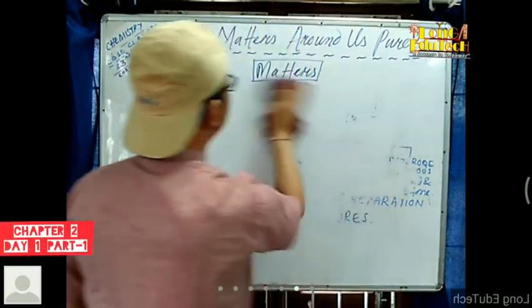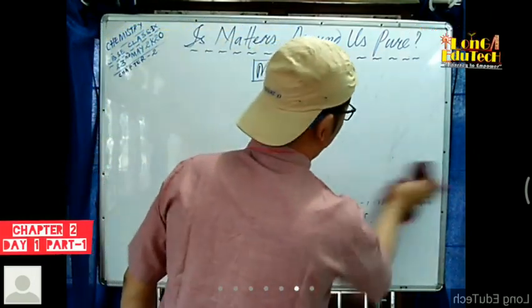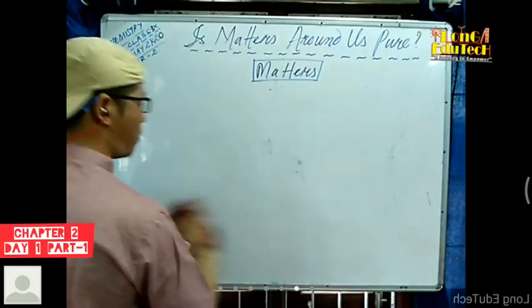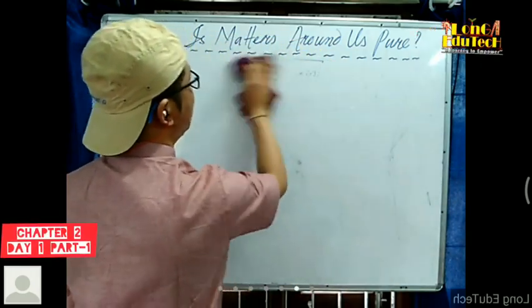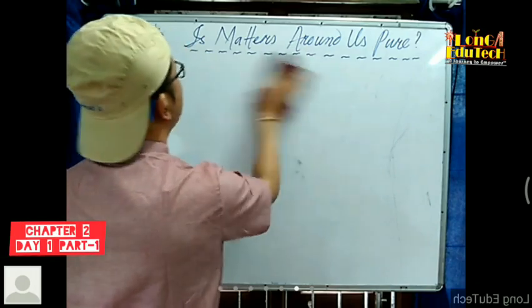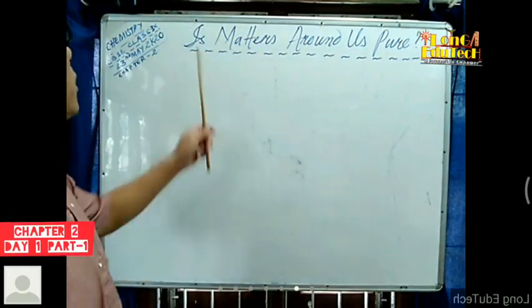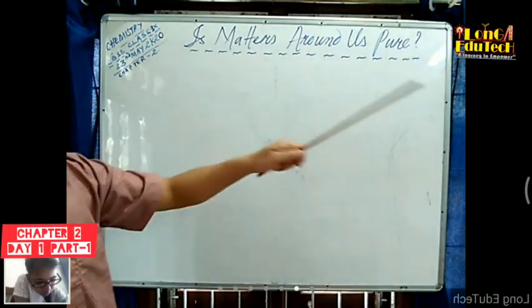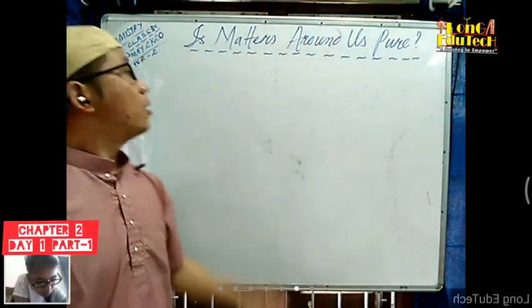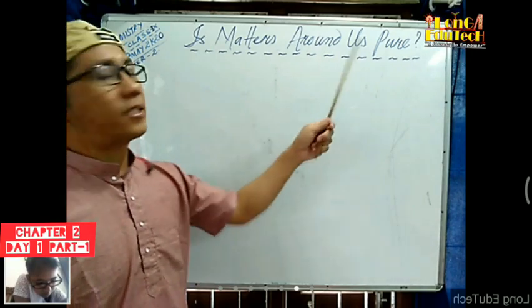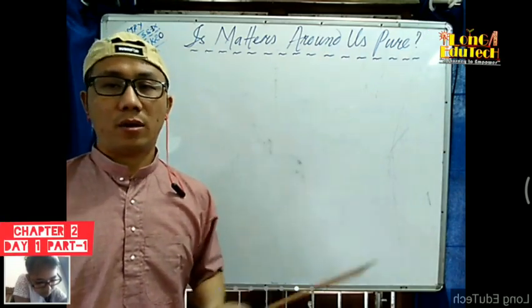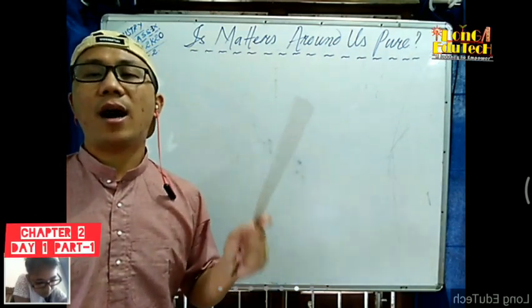About matter, we already know that it has mass and occupies space, which we learned in chapter number 1. Now, is the matter around us pure? No, the matter around us is not pure at all. Some are mixtures and some are pure.